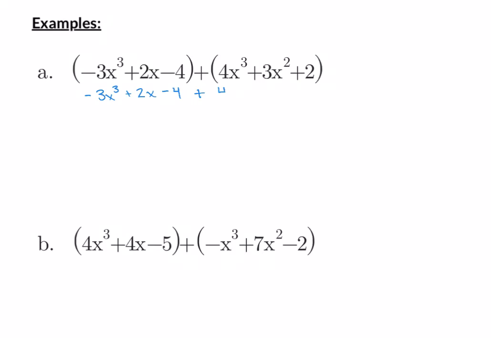And I'm going to bring down my 4x cubed plus 3x squared plus 2. We combine our like terms. I can combine my x cubes. Negative 3 plus 4 is 1, or just x cubed.